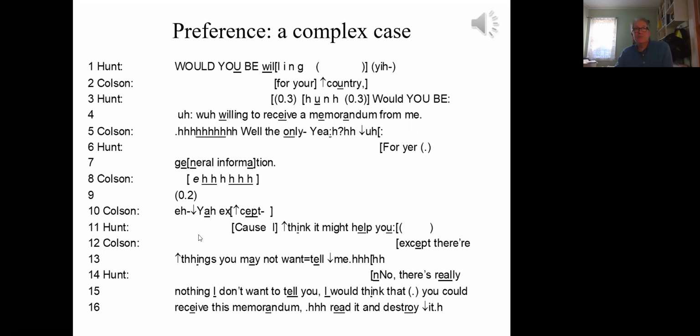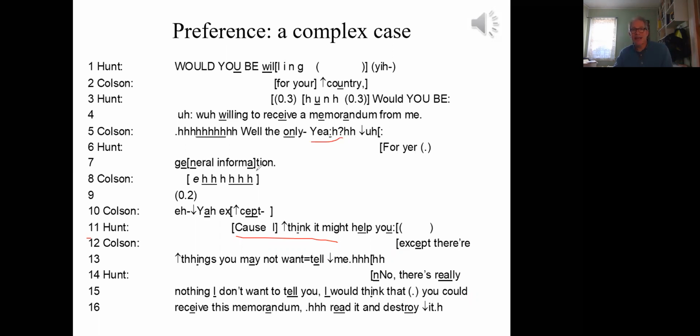And then the person who made the first request adds to it. And he says, because I think it might help you, you know. So he's kind of continuing to add to the request. So you can say that here in line 11, the person who made the request also hears what's going on in line 5.